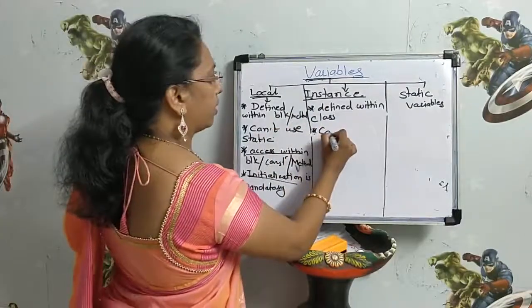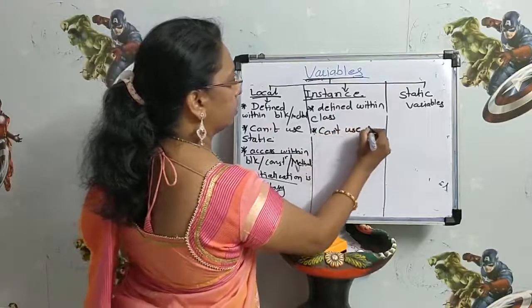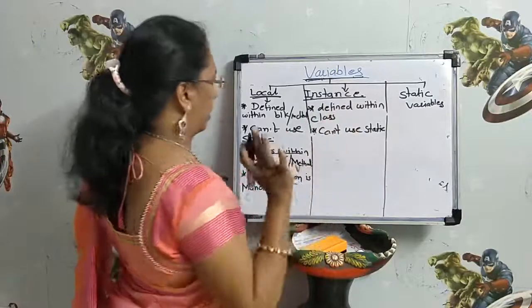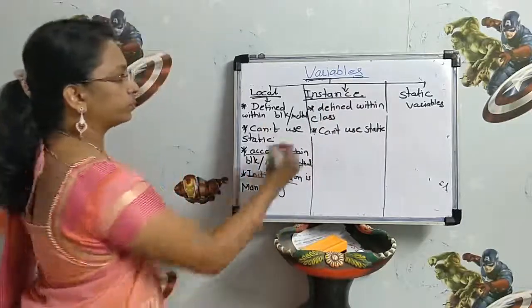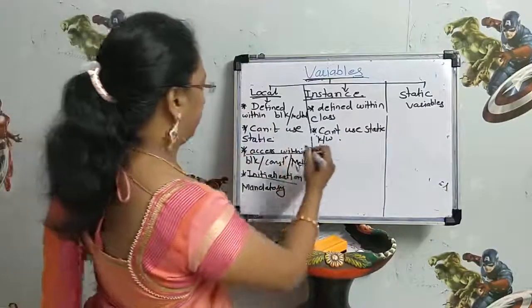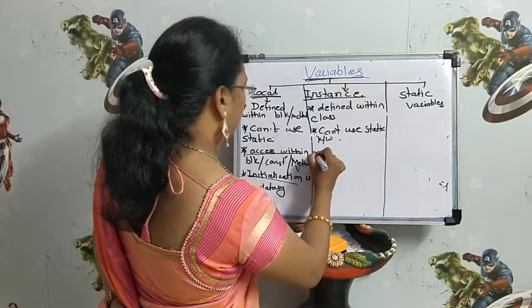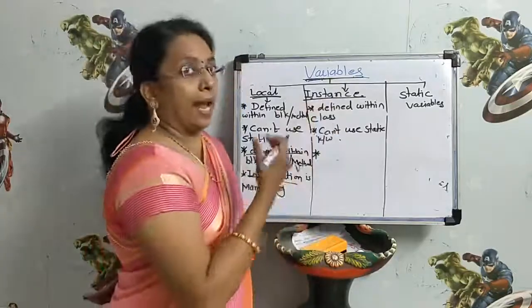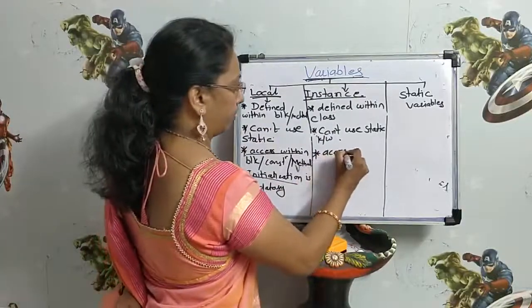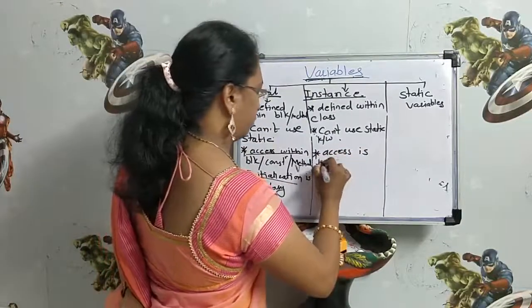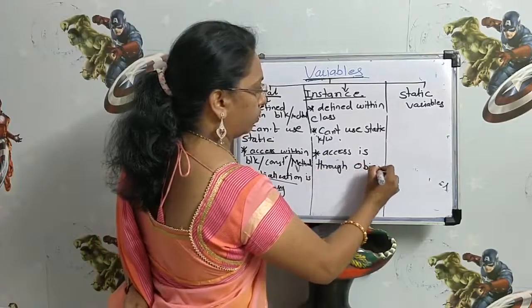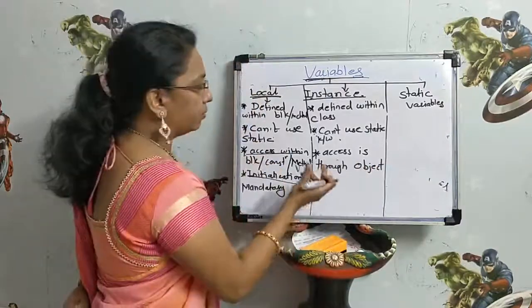Next, here also we can't use the static keyword with this instance variable. Next, we can access this instance variable through an object.